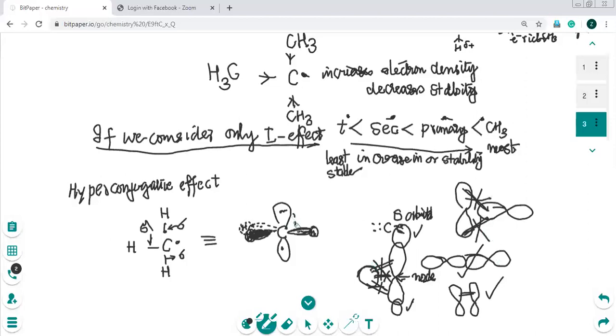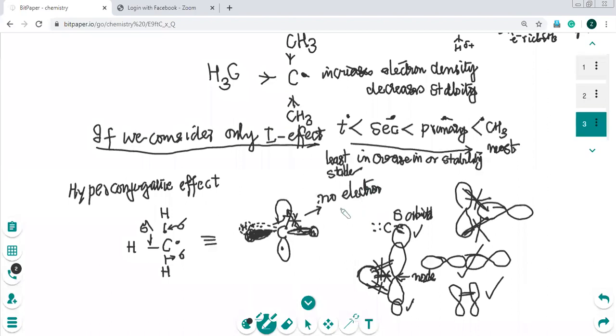So therefore, there will be no interaction between this p orbital, this odd electron, that is, the orbital containing one electron. Oh, how did I put two electrons here? This orbital containing one electron will never interact with this one. So there will be no interaction here. No interaction means no electron flow. Why?